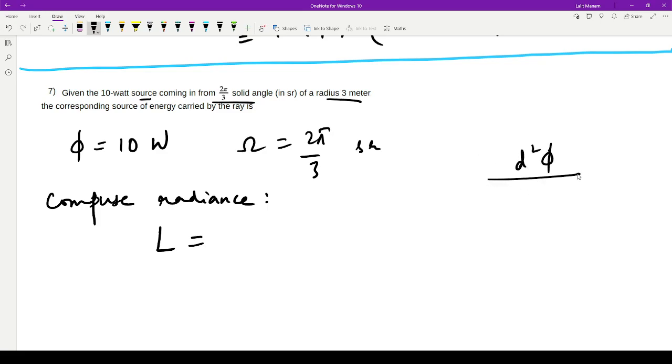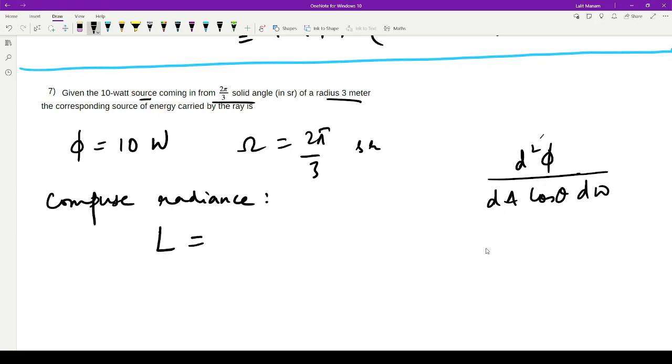Someone read this out: d square phi upon dA cos theta d omega. What does this even mean?